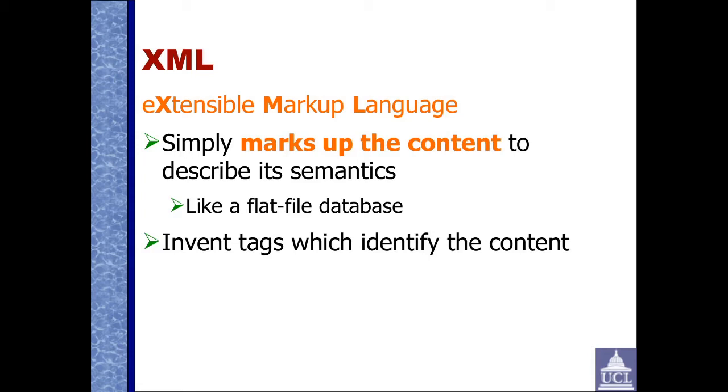So it's a little bit like a simple version of a database. We can have entries and we can describe the data that are in those entries. And with XML, we're completely unrestricted. We can invent tags which identify the content in whatever way we wish.